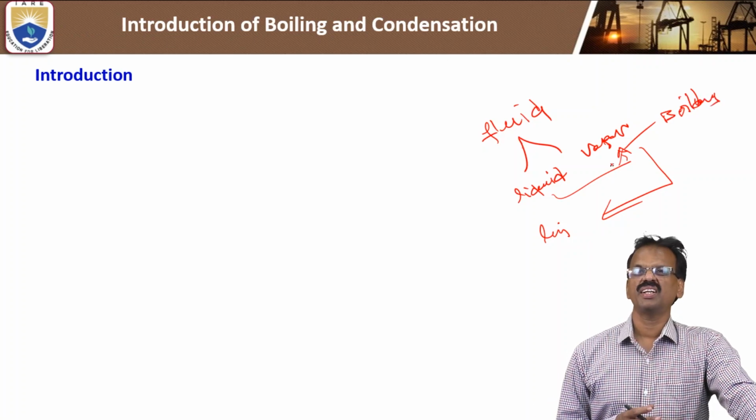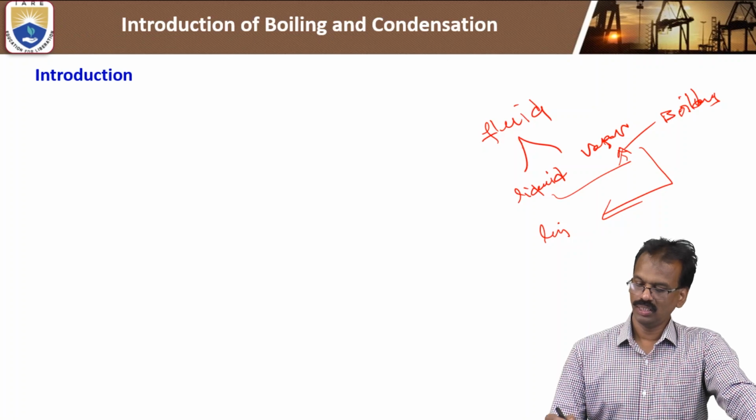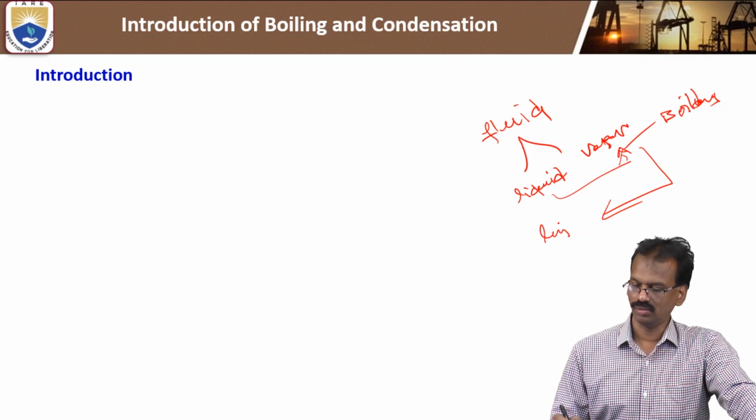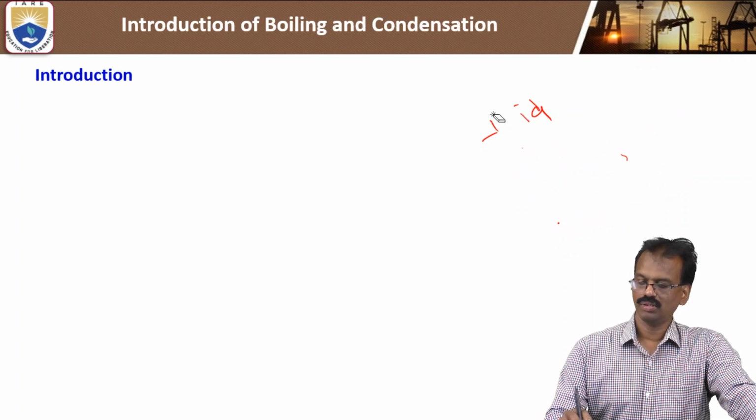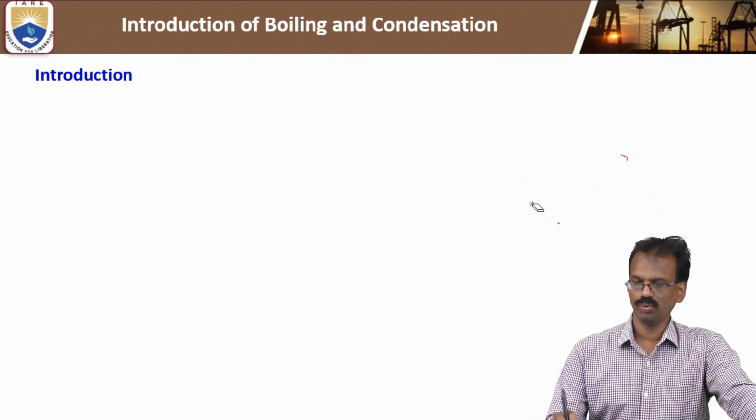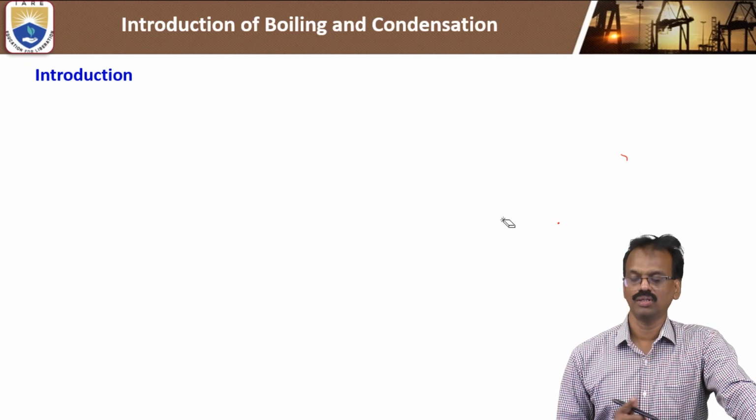When vapor is condensed to liquid, that is called condensation. Here we consider the phase change along with the convection process.